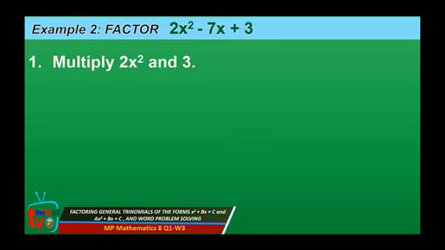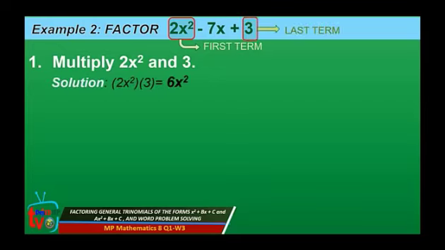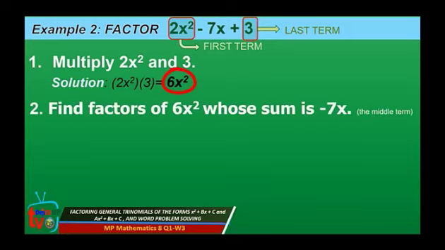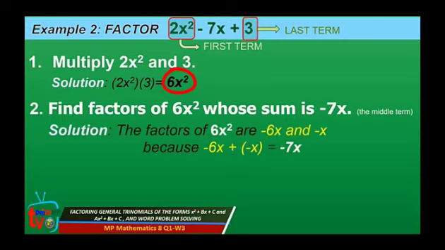First, we multiply the first and the last terms. The product is 6x squared. Next, we find the factors of 6x squared with a sum of negative 7x, which is actually the middle term. So the factors are negative 6x and negative 1x. This is because if we are going to add negative 6x plus negative 1x, the result is negative 7x, which is the middle term.